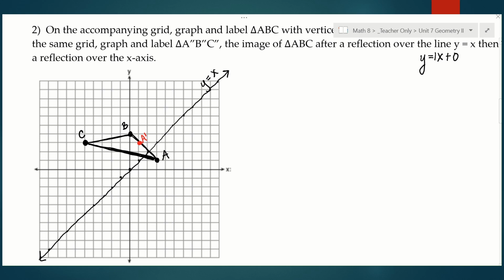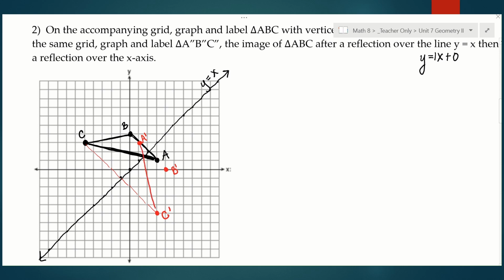Okay, if I count B diagonally to that line, it's 2 diagonal boxes, and so B prime is right here. I'm going to draw in my line for C so you can see how I'm counting. So I'm counting 1, 2, 3, 4 diagonal boxes, and I'm going to do that in the opposite direction. 1, 2, 3, 4. So right here is C prime.